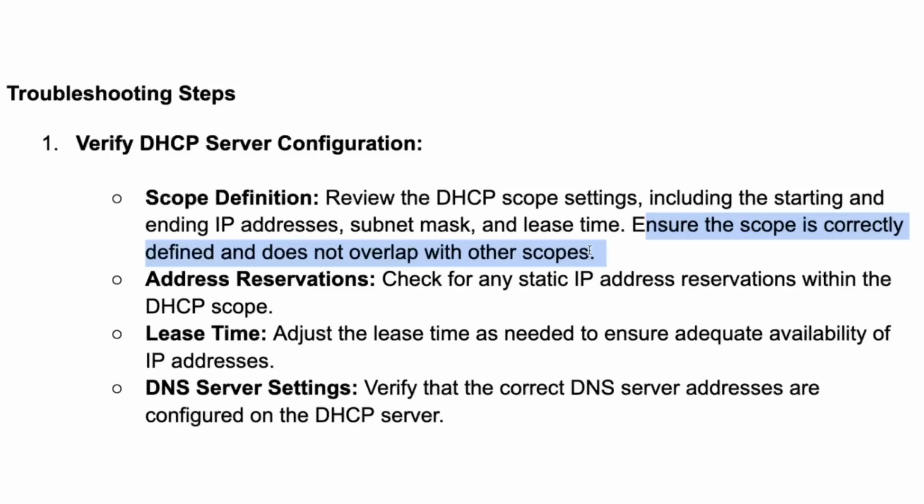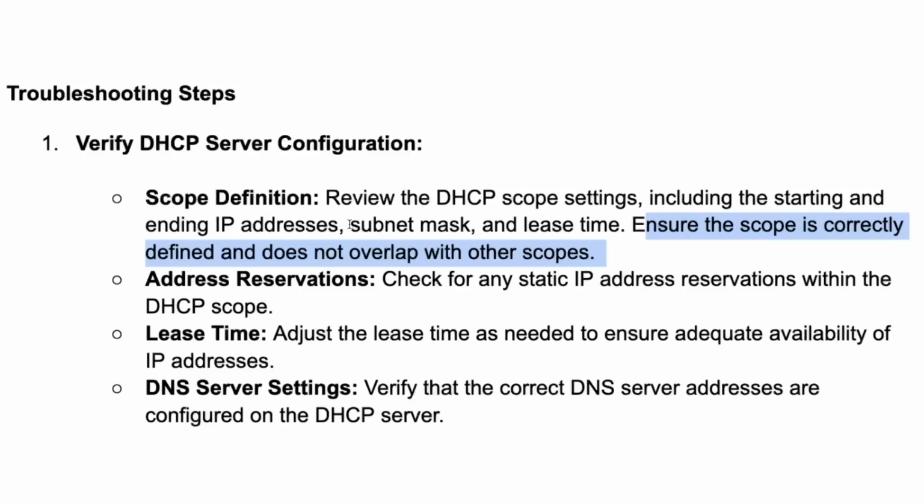That's the range assigned to this specific server. If another server also has 0.1 to 0.101 as its scope, that's an issue, because they're going to work with the same 100 IP addresses, and most likely there are going to be overlaps, and they're going to assign the same IP address to different devices.